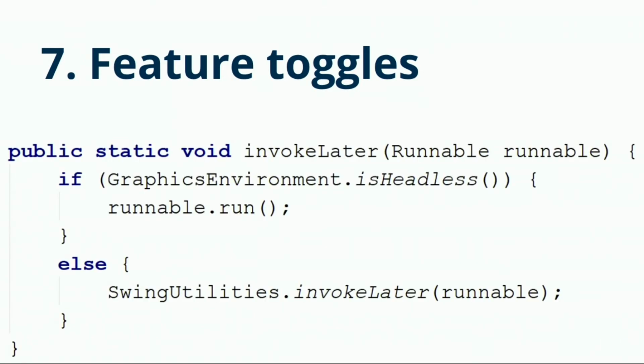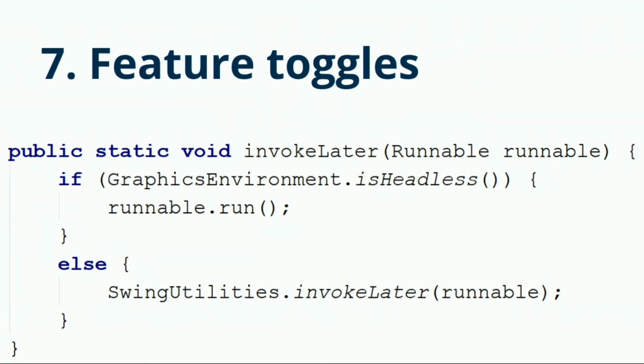So an example from our code: as I said, we're using Swing, and SwingUtilities.invokeLater invokes the code in the runnable whenever Swing is ready to do it. That's fine in production code, but in unit tests you want them to be predictable. You don't want to wait for the Swing thread to carry on. So we introduced this if here that says if it's headless.